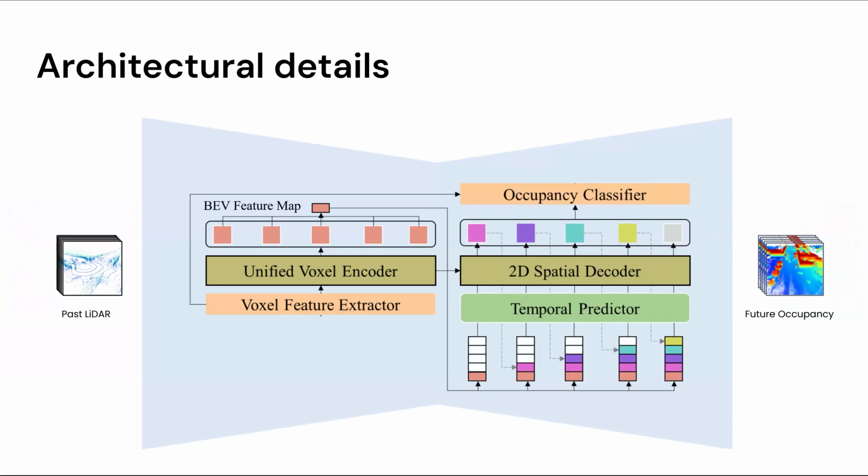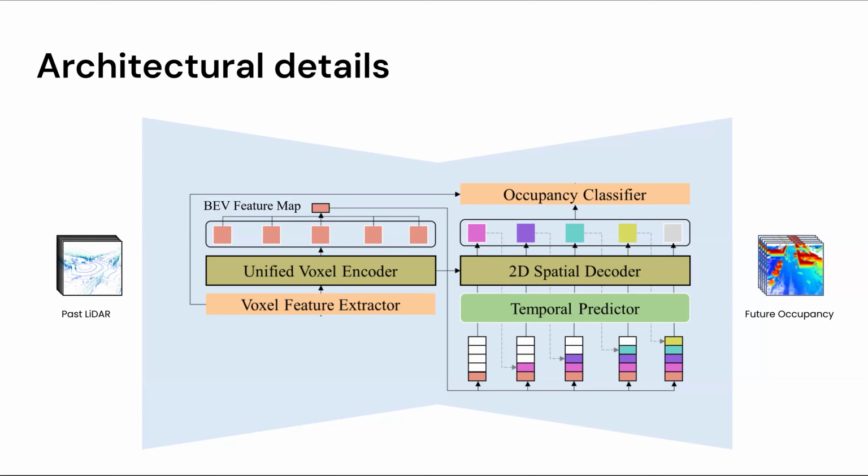Specifically, the input LiDAR sweeps are used to construct a single 3D voxel volume, which is then passed through a feature extractor and an encoder, once again to predict a single bird's eye view feature map. And then this feature map is passed through a temporal decoder, which predicts occupancy features for each future time step with information from the previous time step.